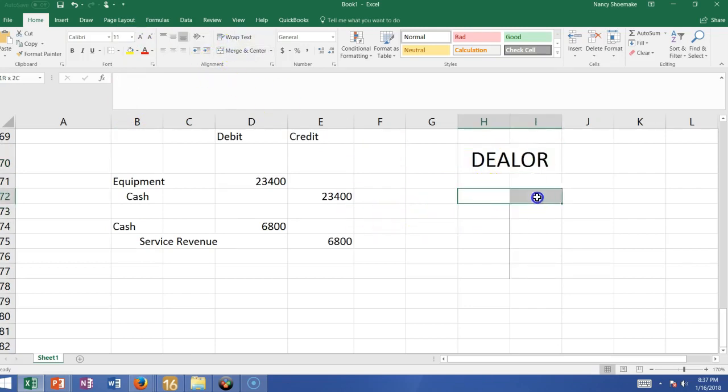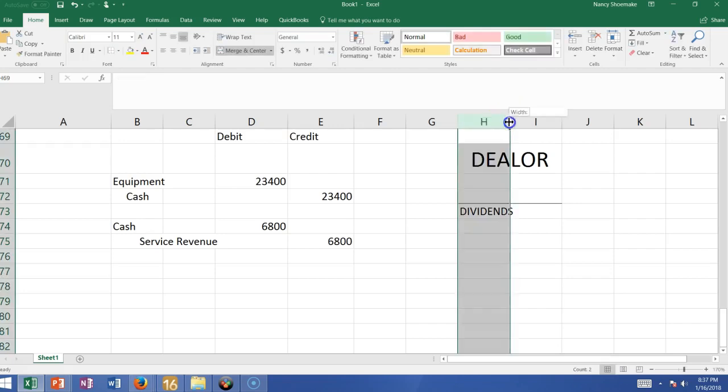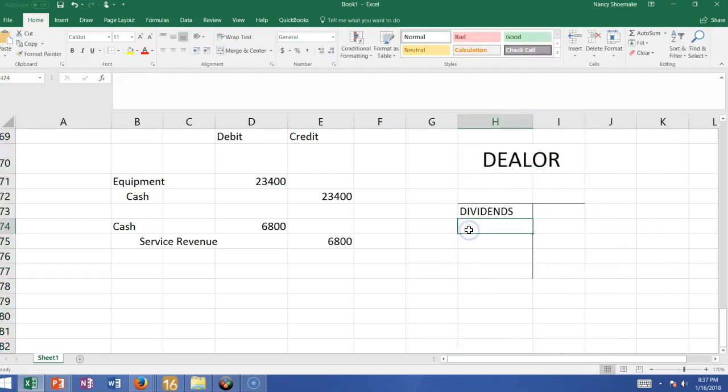So, DEALOR, we would... dividends, expenses, assets have a normal debit balance.